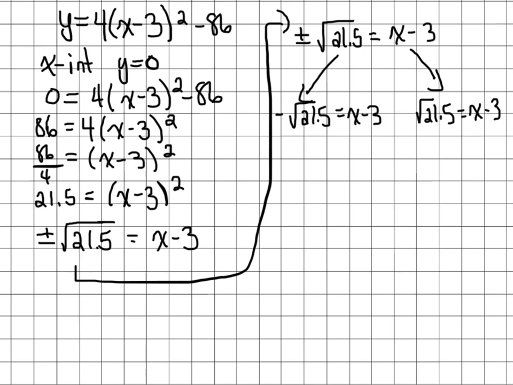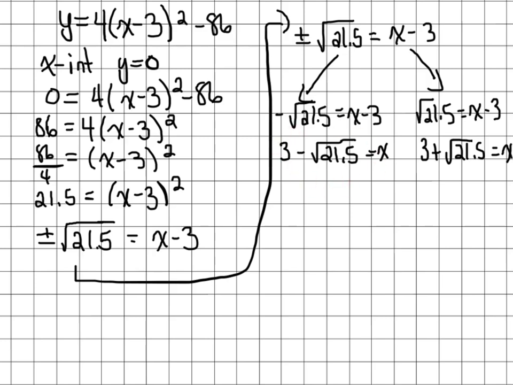So I would have 3, because that's plus 3, minus the root of 21.5 equals x. On this side, again, I'm going to add 3 to both sides, so I'd have 3 plus the root of 21.5 equals x.